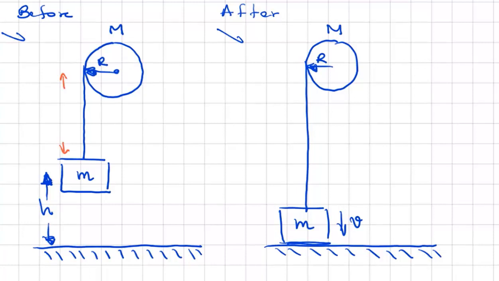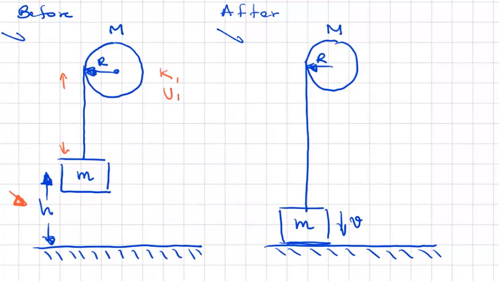So on this part of the illustration, before, the block begins to fall, right? And it starts falling from this distance h. This is the initial position of the block. So on this part we have two energies, the kinetic energy of the system and the potential energy of the system.